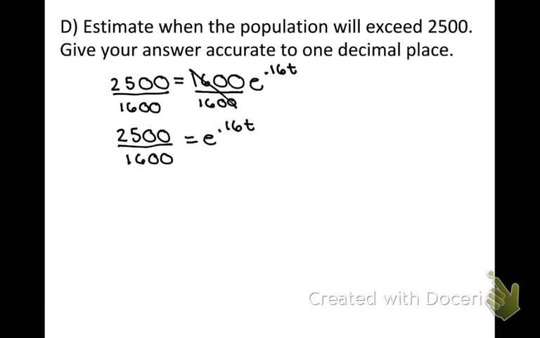Let's reduce that fraction on the left-hand side. This will reduce to 25 over 16 equals e to the 0.16 t. Check out that right-hand side of my equation. I have a base of e. Is there a way that I can easily write 25 over 16 with a base of e? No way, Jose. So we are going to take the natural log of both sides.